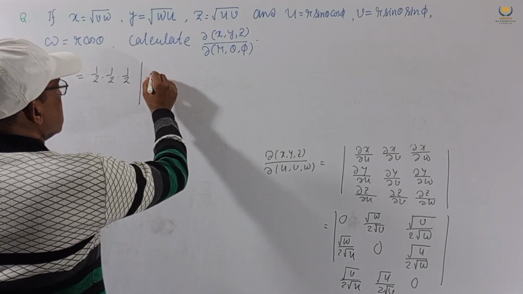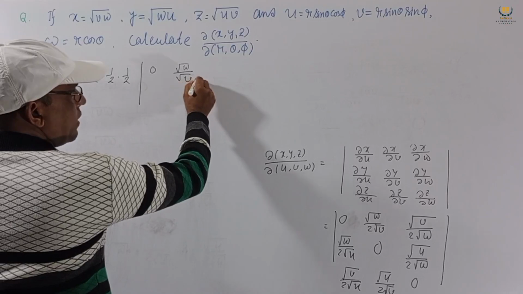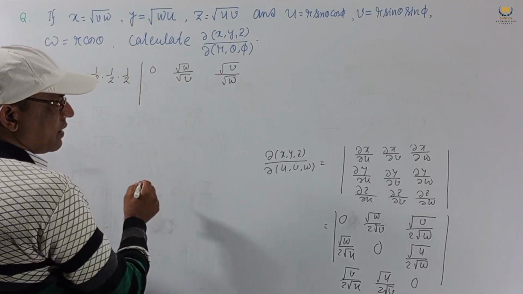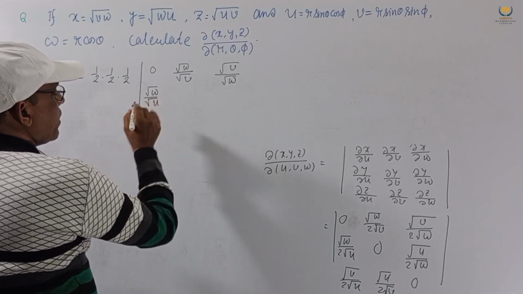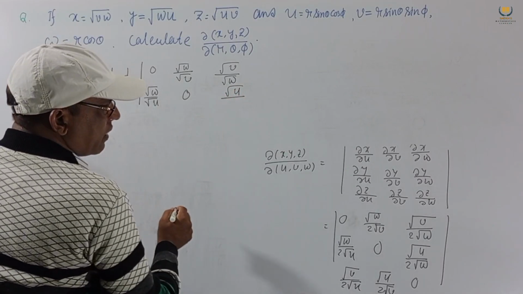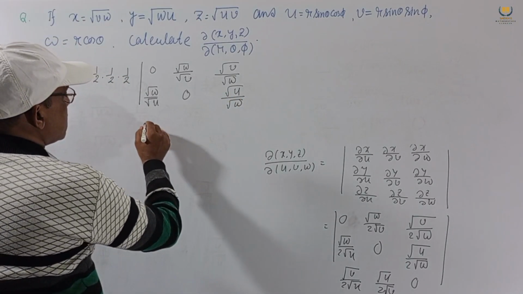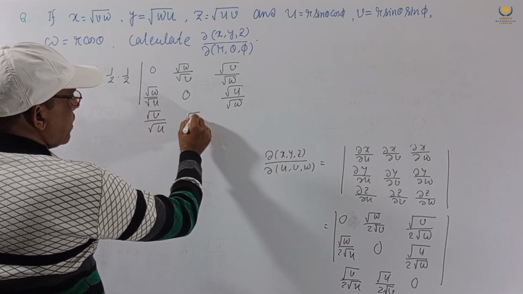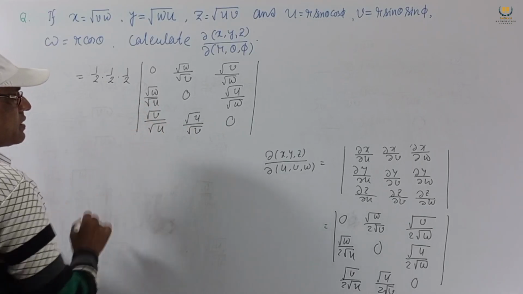Next we get 0, w by root v, by root w, and this will be root w by root u, 0, root u by root w, and this is root v by root u by root v, this one 0, we get this.